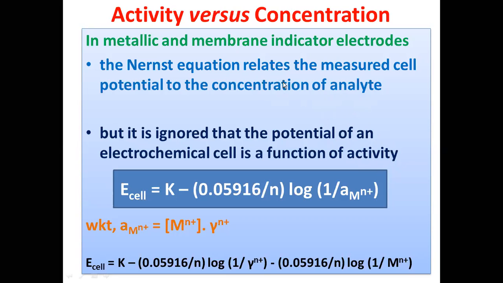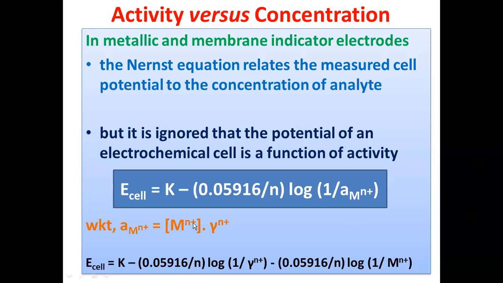If you replace the concentration by the activity, the Nernst equation becomes E cell equals K minus 0.05916 divided by n into log of 1 over the activity of the metal, the ion, the analyte.